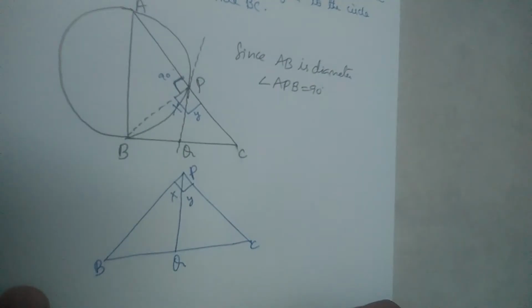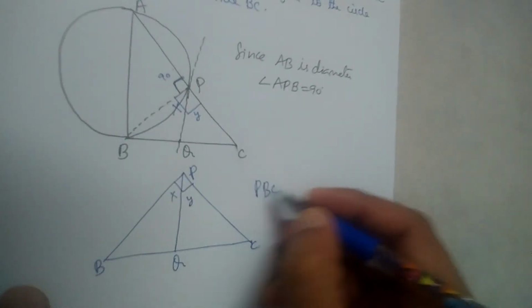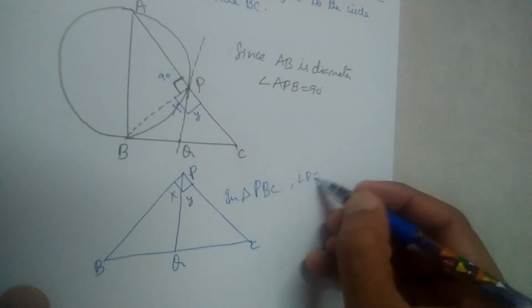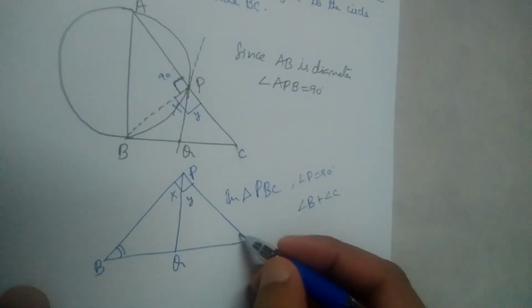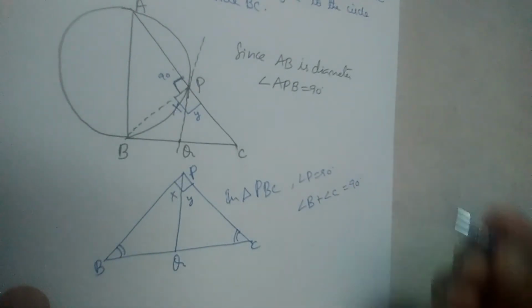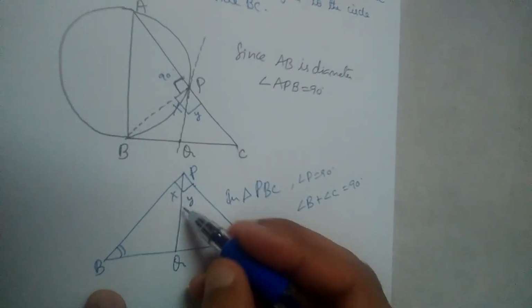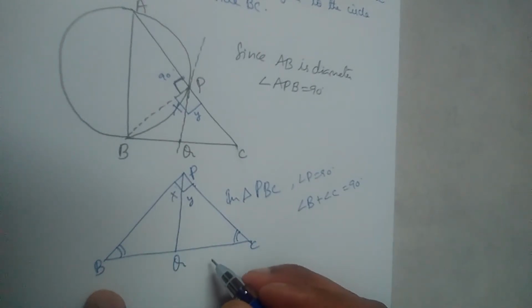Now PBC is a triangle, right? So in triangle PBC, if angle P is 90 degrees, what will be the sum of angle B and angle C? It will also be 90 degrees, because if one is 90, the sum of the other two angles should also be equal to 90 degrees.